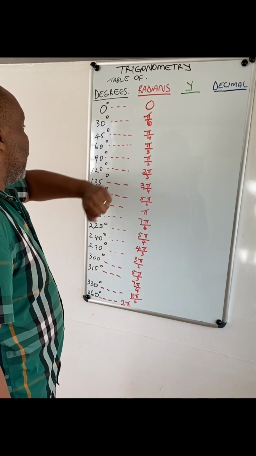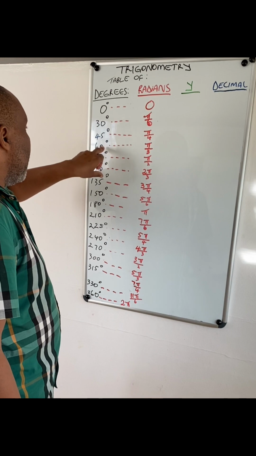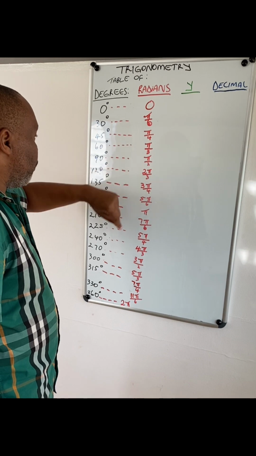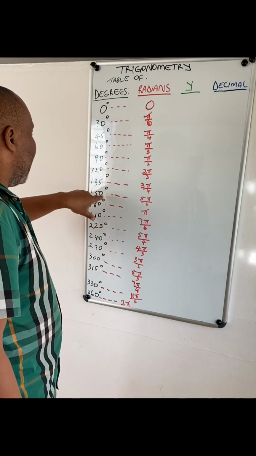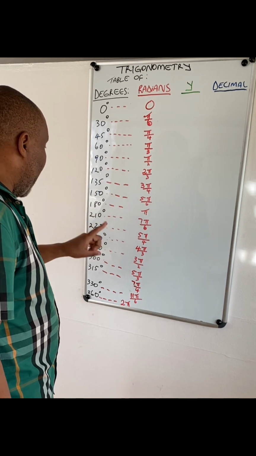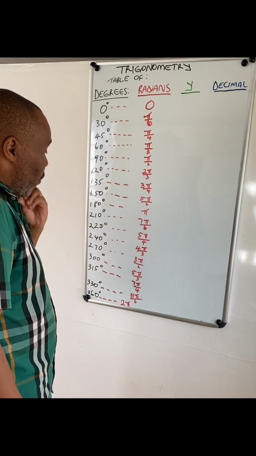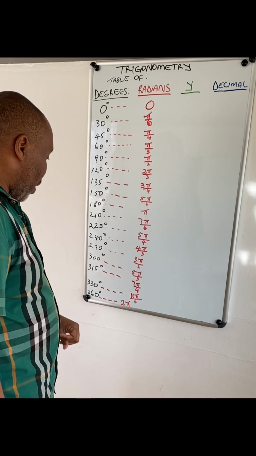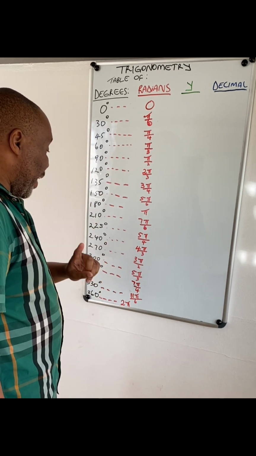So at 0 degrees it's 0 radians, 30 degrees it's pi over 6 radians, 45 degrees pi over 4 radians, 60 degrees pi over 3 radians, 90 degrees is pi over 2, 120 is 2 pi over 3 radians, 135 is 3 pi over 4 radians, 150 degrees is 5 pi over 6 radians, 180 is pi, 210 is 7 pi over 6 radians, 225 degrees 5 pi over 4, 240 is 4 pi over 3, 270 is 3 pi over 2, 300 is 5 pi over 3.